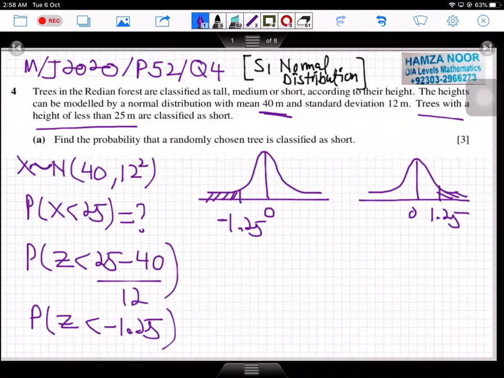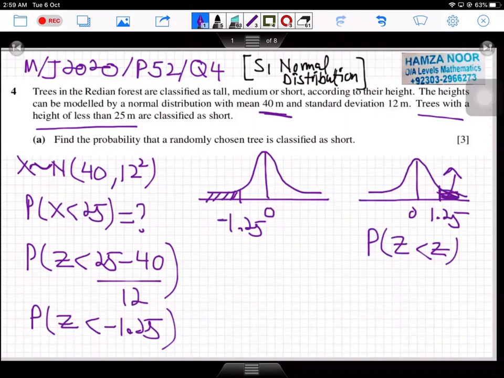But here again one problem arises more. All of the probabilities given in the Z distribution table are greater than 0.5. And whenever you find a probability of any Z value, you will get Z is less than a certain number. But here we want the probability of greater than Z, which is a minor area, less than 0.5.